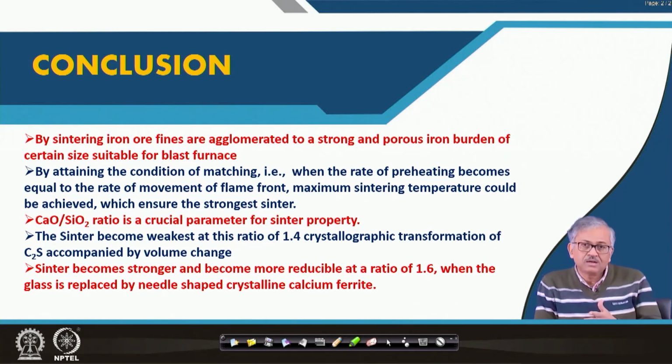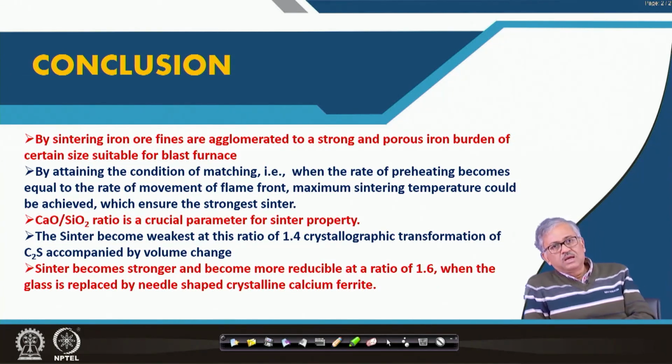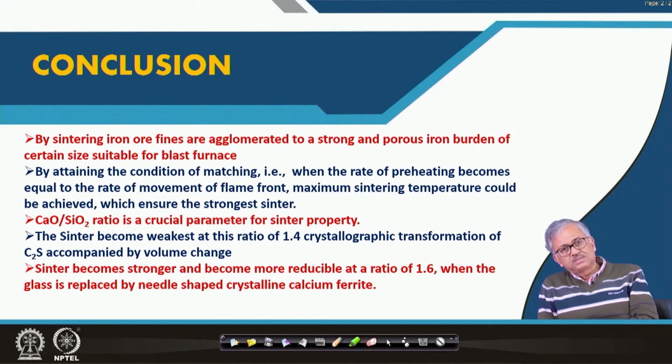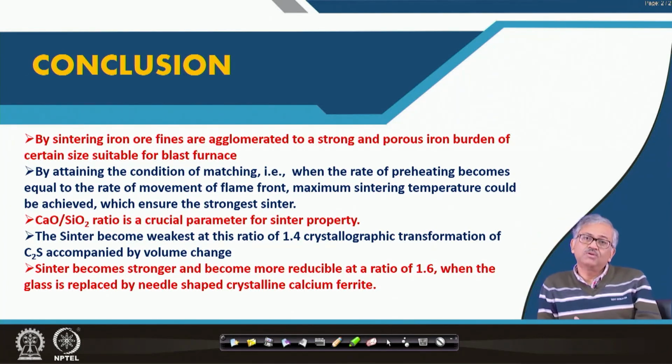But beyond that, if I further increase it, then progressively glass is replaced by the calcium ferrite, a crystalline phase. As a result, the bond becomes stronger, and also fuel decreases. As a result, your hematite percentage in the final sinter increases, and your reducibility also increases. So flux sinter beyond 1.4 is good, both strength wise and reducibility wise.